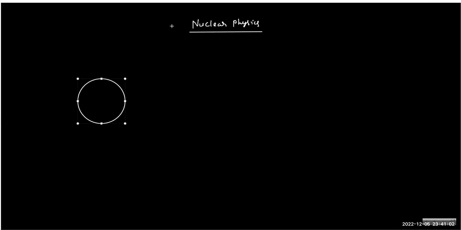Okay, so now we'll move towards the second part of modern physics, which is called nuclear physics. So we know that every nucleus will have what?